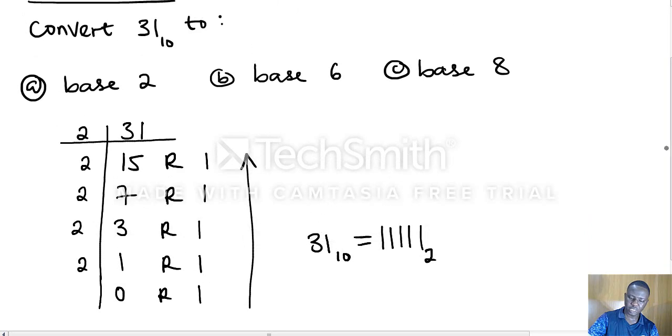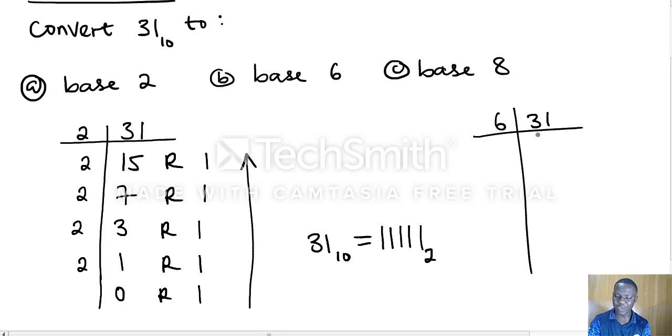B says we should convert 31 base 10 to base 6. I'll also do this by dividing 31 by 6, and 31 divided by 6 is 5, remainder 1. 6 into 5, we cannot, so this gives us 0, remainder 5.